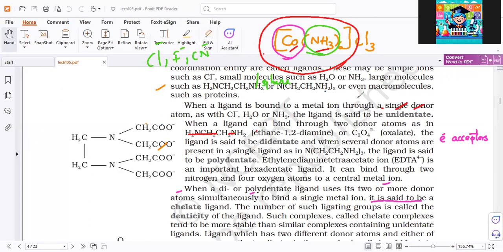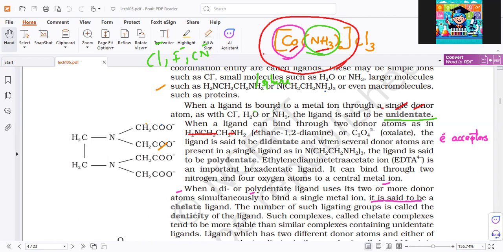Unidentate means the ligand is bound to a metal ion through a single donor atom. For example, chloride, water molecule, ammonia. The ligand is bound to the metal atom through only one atom. Chloride is bound through the chloride ion. A water molecule is normally bound through the oxygen, using the lone pairs of electrons on the oxygen.